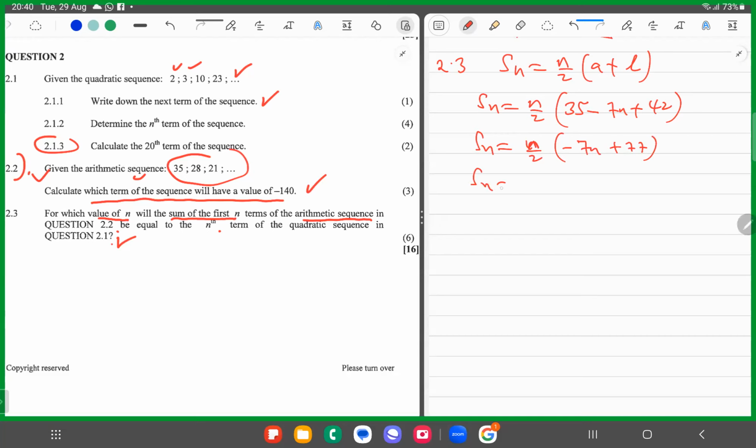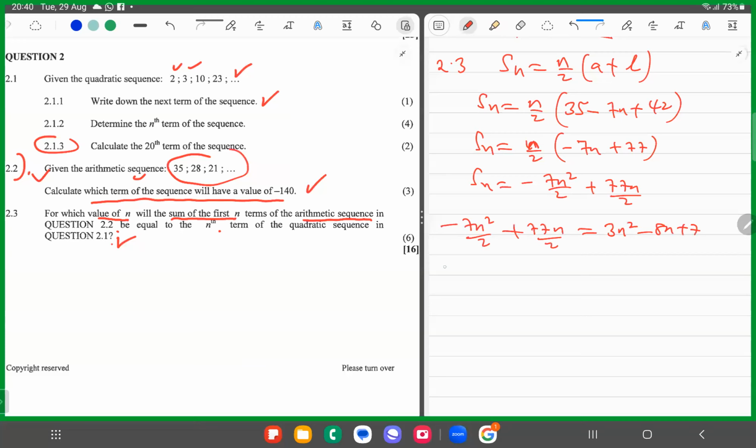All right, if you distribute here, you'd have minus 7n squared over 2 plus 77n over 2, which means it is 3n squared minus 8n plus 7.